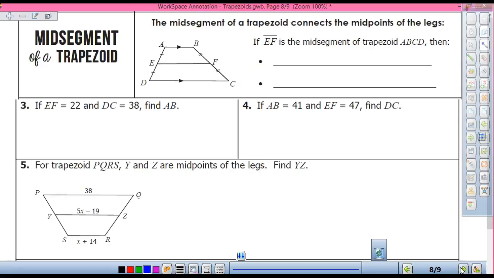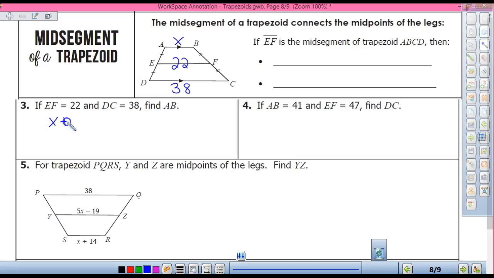Sometimes you have to be careful because they give you the mid-segment, and you've got to find one of the other ones. Okay, so my mid-segment is 22, BC is 33. So do I know AB? Nope, so I'm going to call it X. So how are we going to set it up?